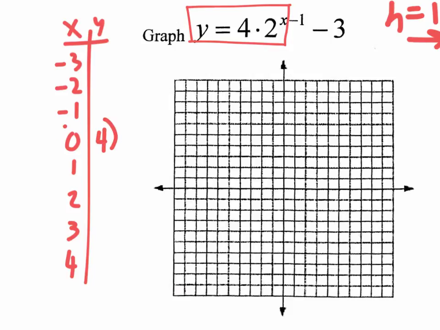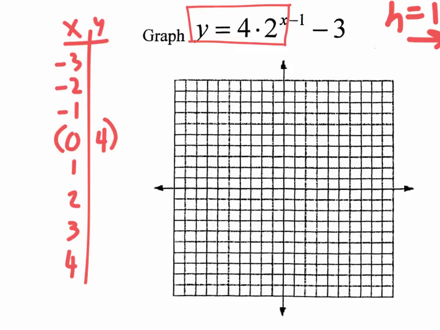And ladies and gentlemen, that's your first coordinate, right? Now, instead of plugging in 1 and doing the math, instead of plugging in 2, 3, 4, and negative 1, negative 2, all that fun stuff, let's use the base, which we know is 2, to get our following outputs.